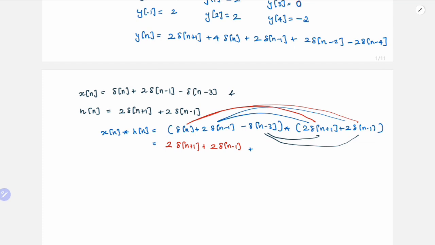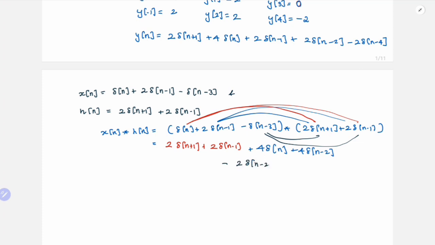So this minus 1 and plus 1 will cancel and it will be 4 delta of n. And 2 delta of n minus 1 plus 2 delta of n minus 1 will give me 4 delta of n minus 2. Right? And then last 2 will be minus delta of n minus 3 and delta of n plus 1 will give me delta of n minus 2.